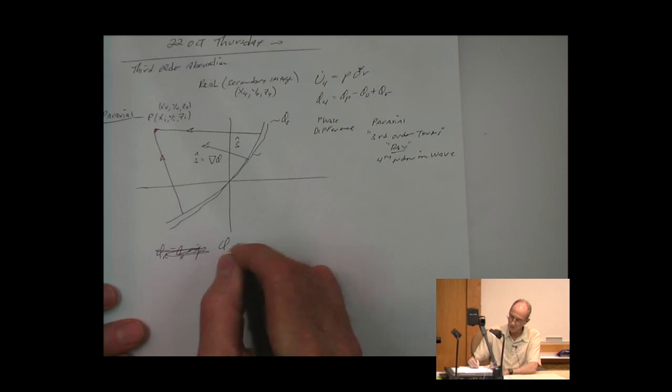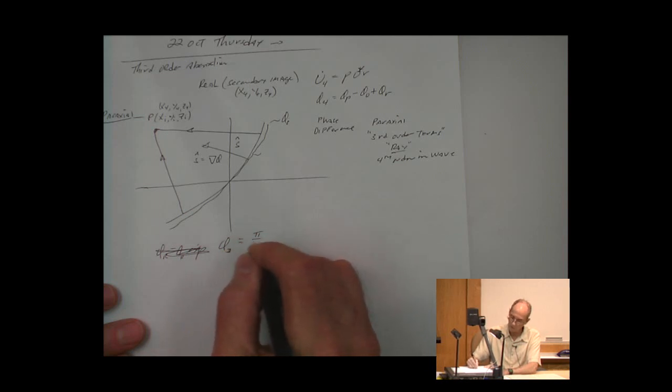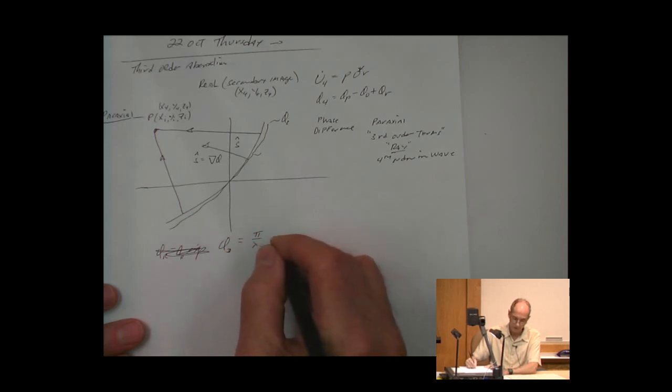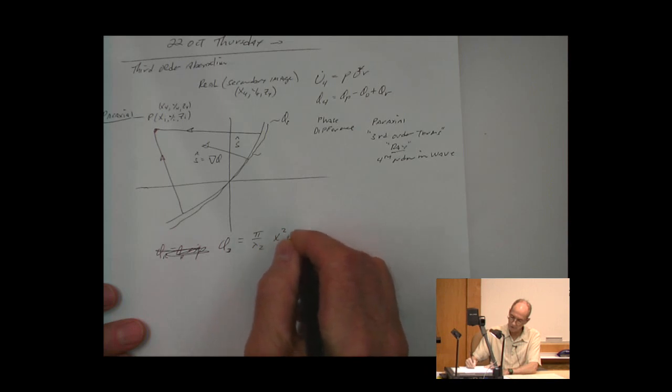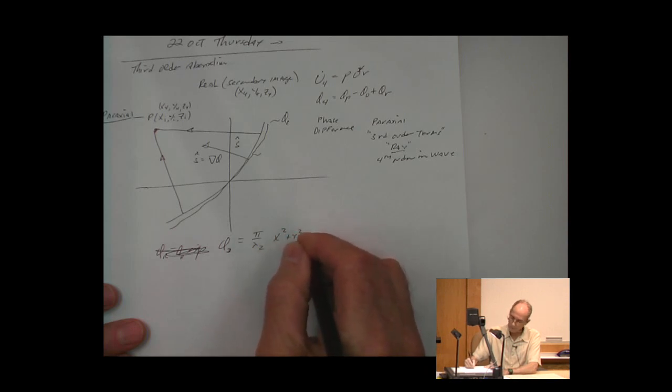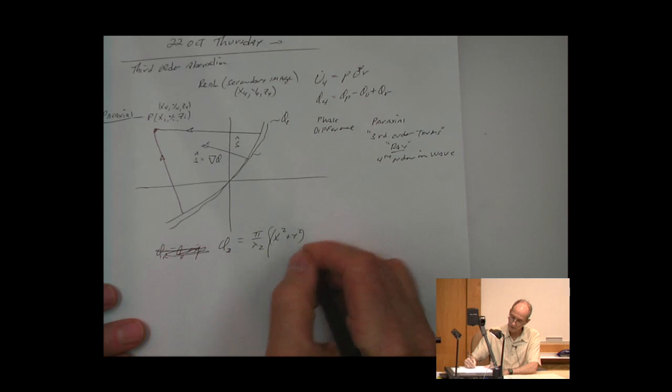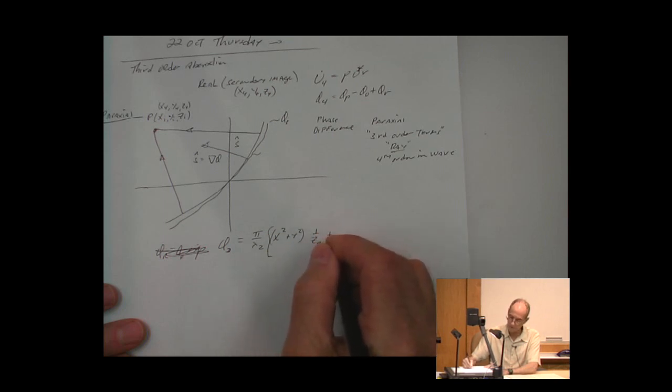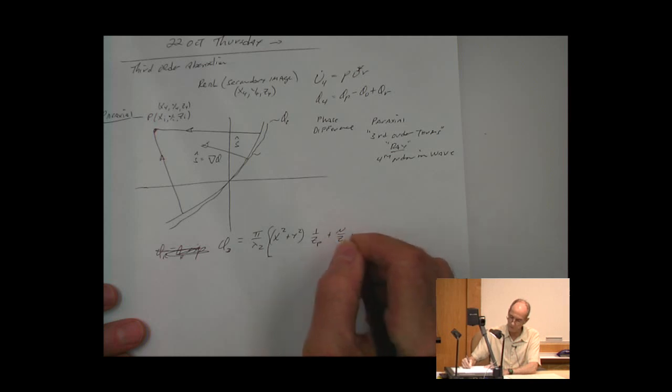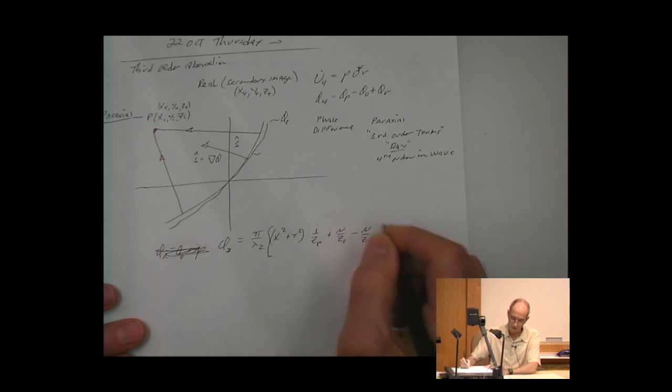So the phase was, say for 3 or for 4, equal to pi over lambda 2 times x squared plus y squared, that factor times 1 over zp plus mu over zo minus mu over zr.